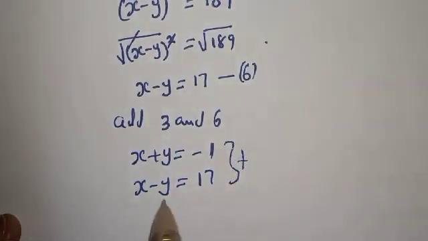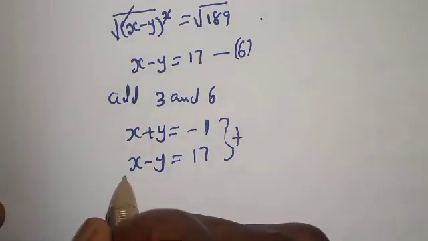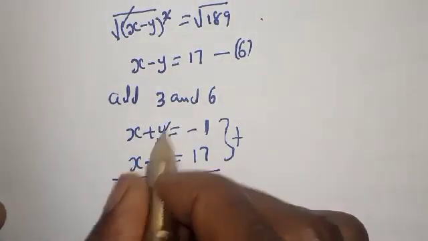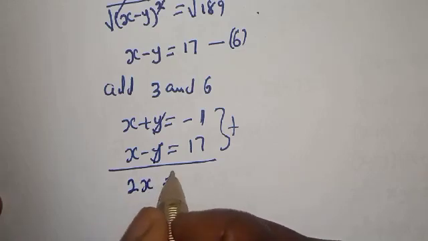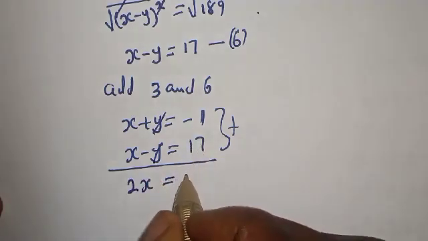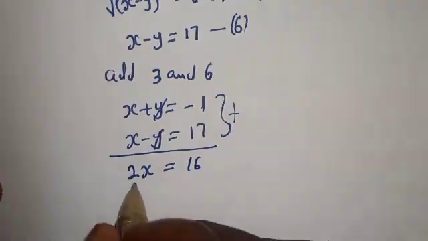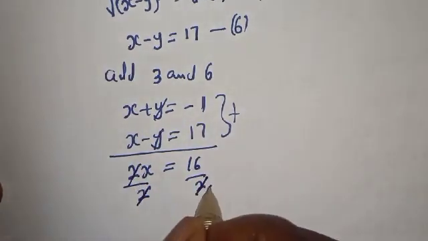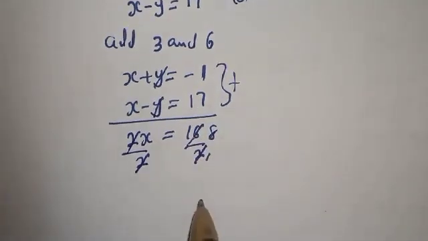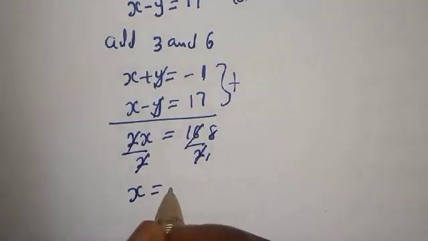Let's add the two. We can solve it simultaneously using the elimination method. So this will cancel this. x plus x, 2x is equal to minus 1 plus 17, that is 16. So let's divide both sides by 2. x is equal to 8.